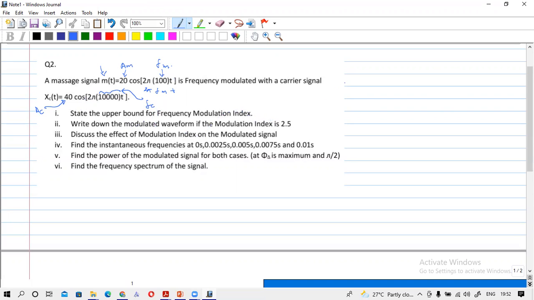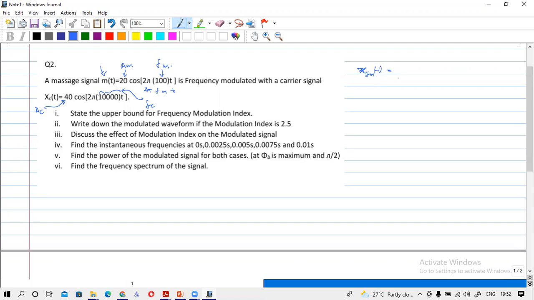Okay. So we know the general form of an FM modulated signal. It is like this: X FM T or something.